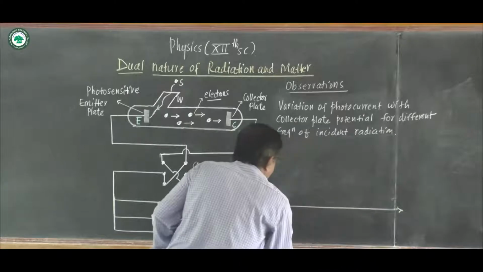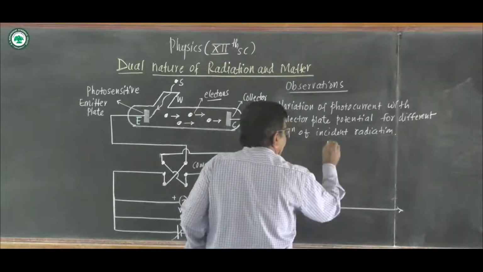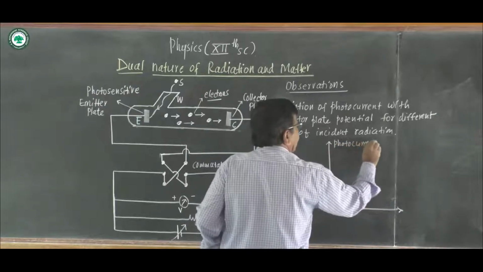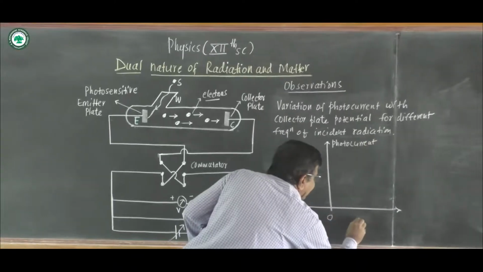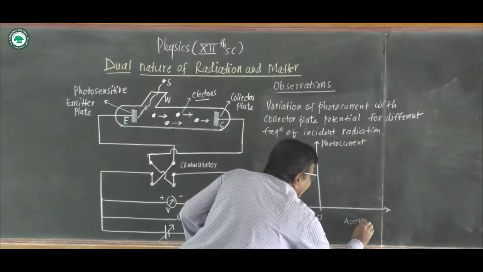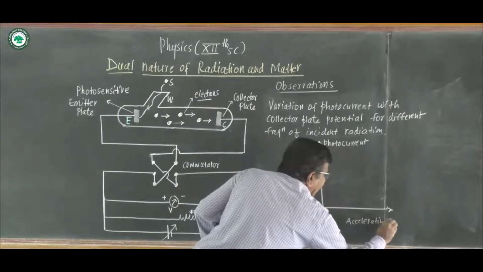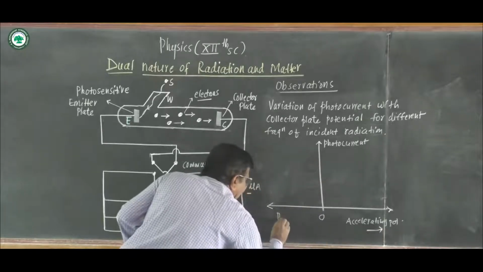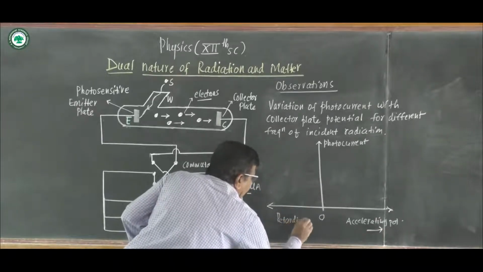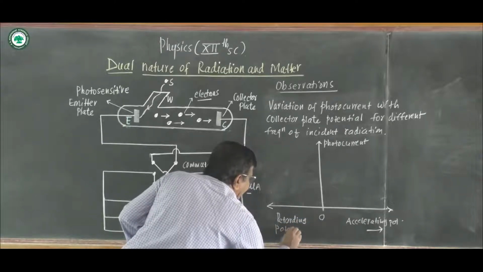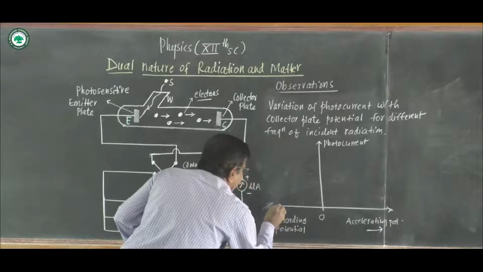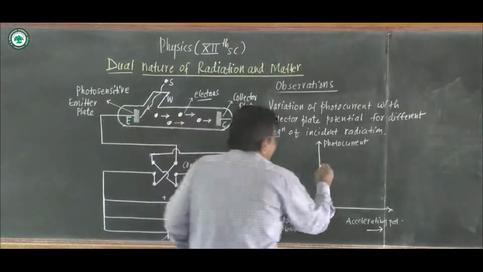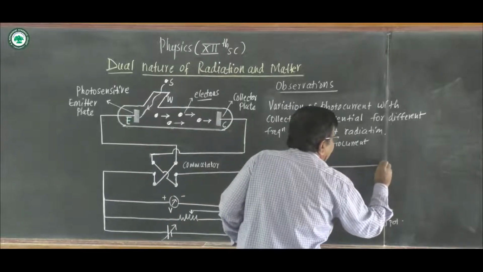See here, this is the axis for potential, and this is the axis for photocurrent, or photoelectric current. Here towards the positive side there is accelerating potential, and towards the negative side there is retarding potential, that is negative potential. And the graph is like this. This I0 is the saturation current.